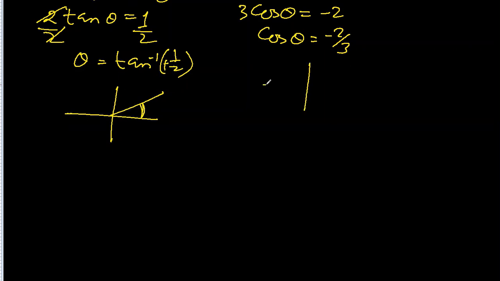In this one, cos theta is negative in this quadrant and this quadrant, but more than 180 will not be accepted, so we will go with only second quadrant because 180 finishes here. And we'll put cos inverse 2/3, not minus 2/3, because minus has already given us the quadrant. So we'll put cos inverse 2/3 and we'll get this angle.